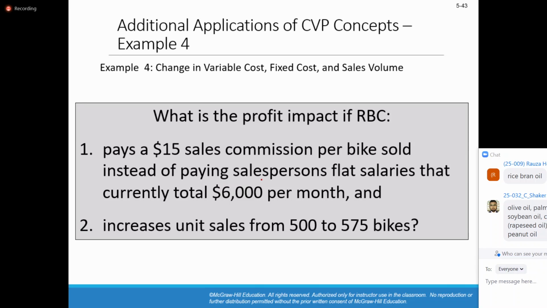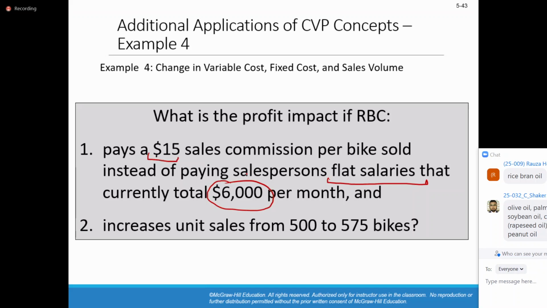Our salesperson's sales commission was part of a flat salary, so regardless of the number of bikes sold by the salesperson, we would pay 6,000 per month. But now we have changed our policy. We are paying $15 per bike as a sales commission to the salesperson.